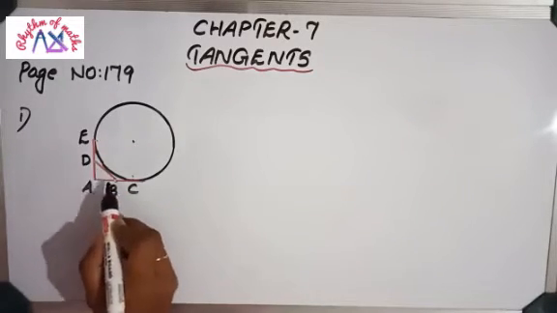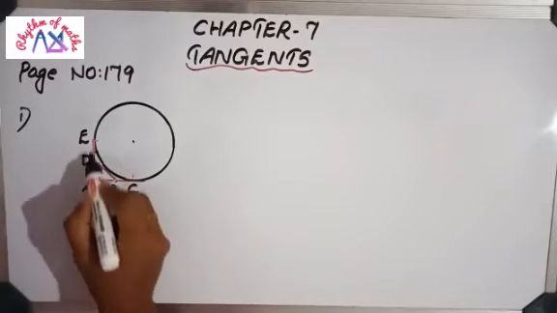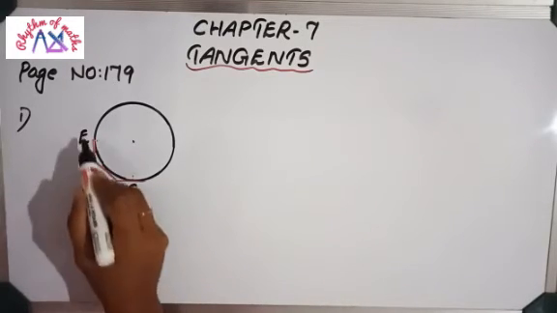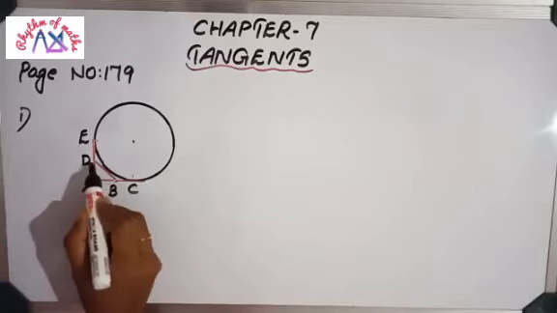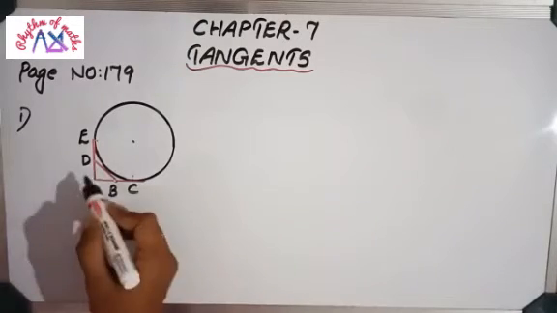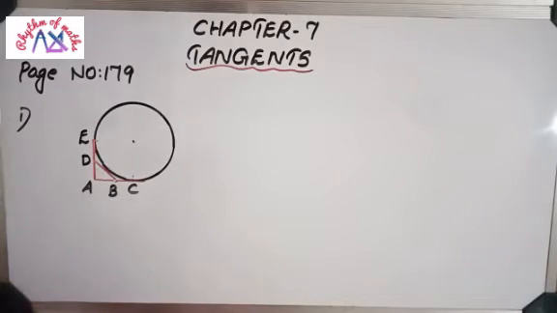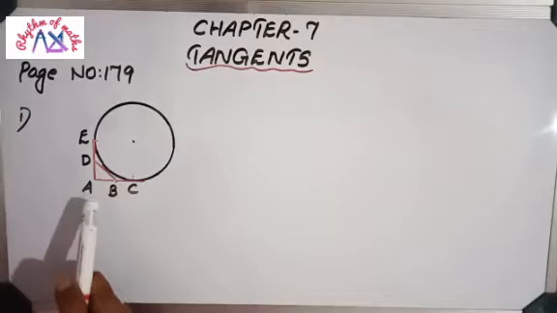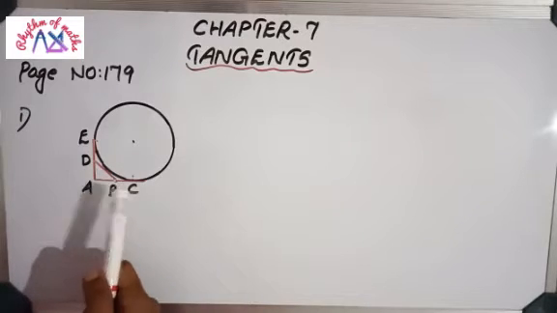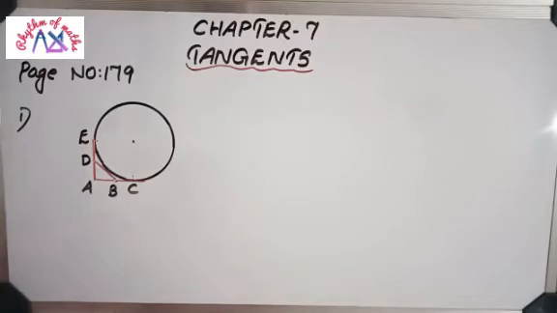This triangle ABD is formed by mutually perpendicular tangents AE and AC, and DB is the extra tangent. The question is, prove that the perimeter of this triangle is equal to the diameter of the circle. That means 2r, double the radius.